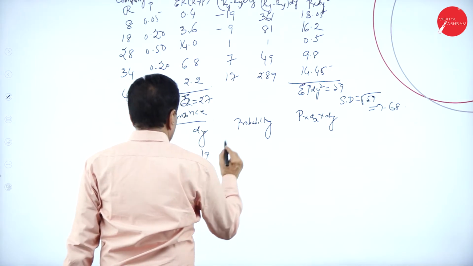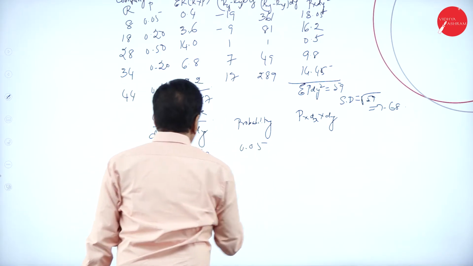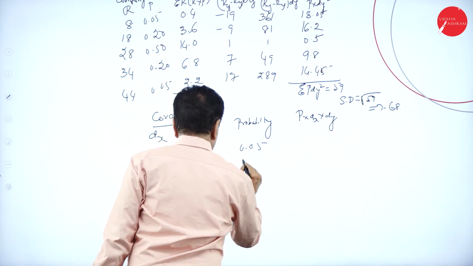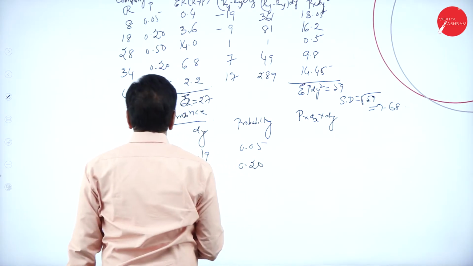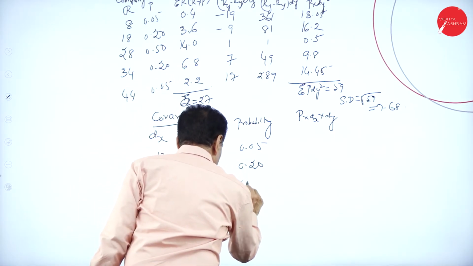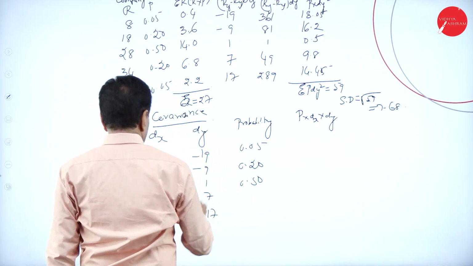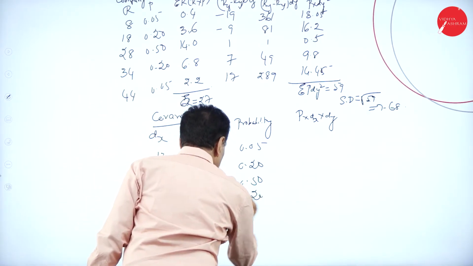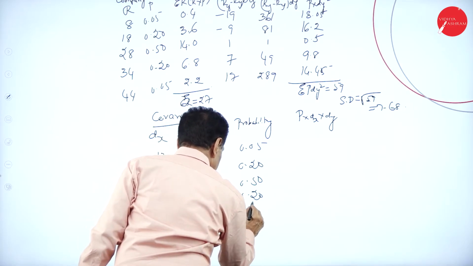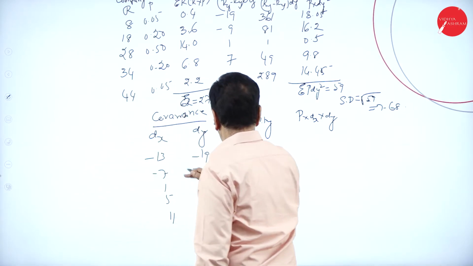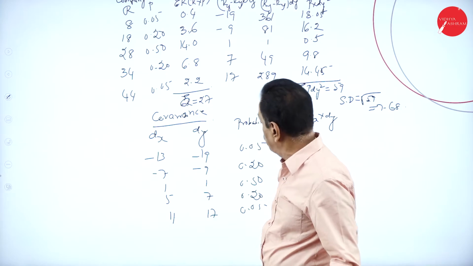Your probability is 0.05, 0.20, 0.50, 0.20, 0.05. Now P into dx into dy, multiply.